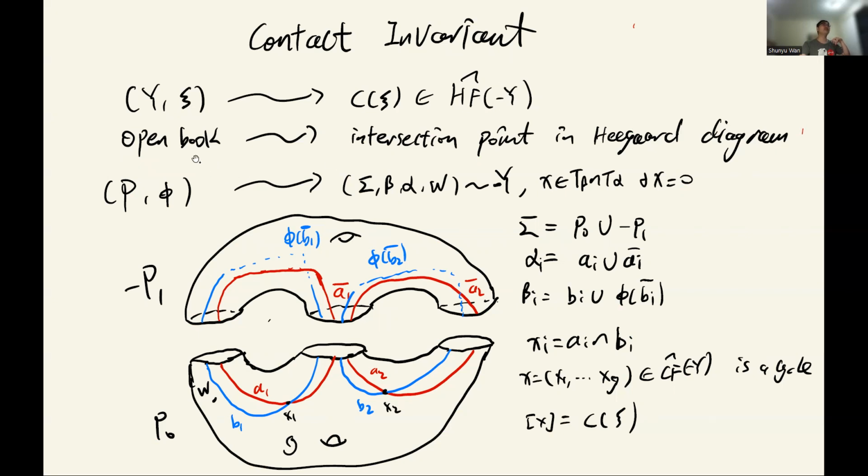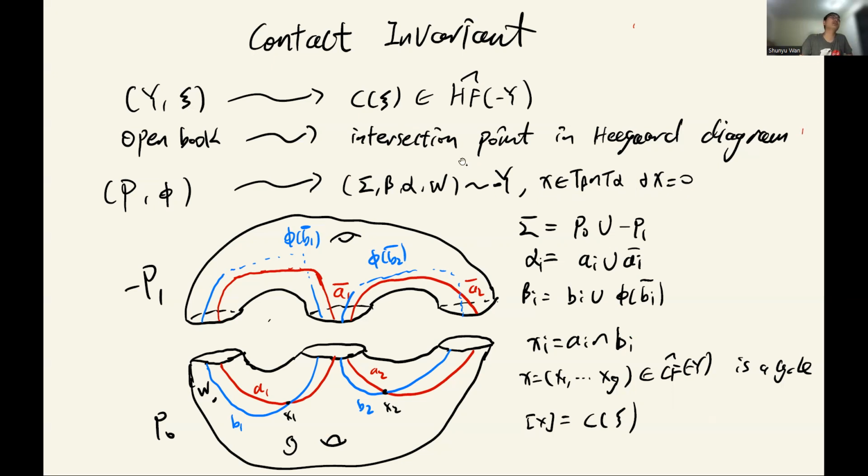The idea is to associate the open book compatible with this contact structure to an intersection point in the Heegaard diagram. In other words, we want to associate (P, φ) to a Heegaard diagram (Σ, β, α, w) describing -Y, and a point in T_α intersect T_β such that the Heegaard Floer differential is equal to 0.